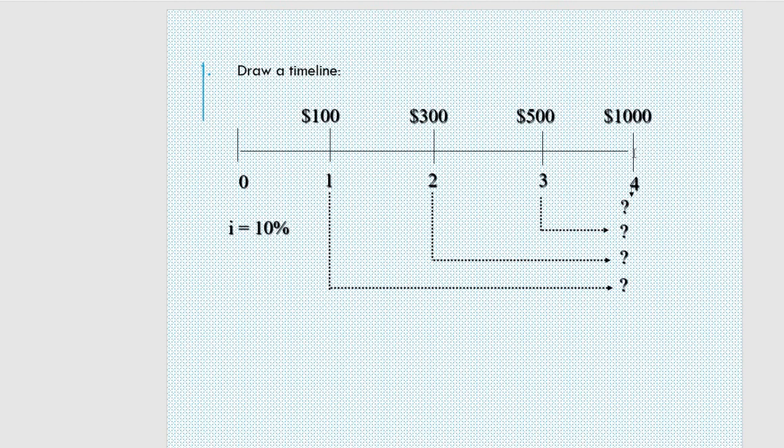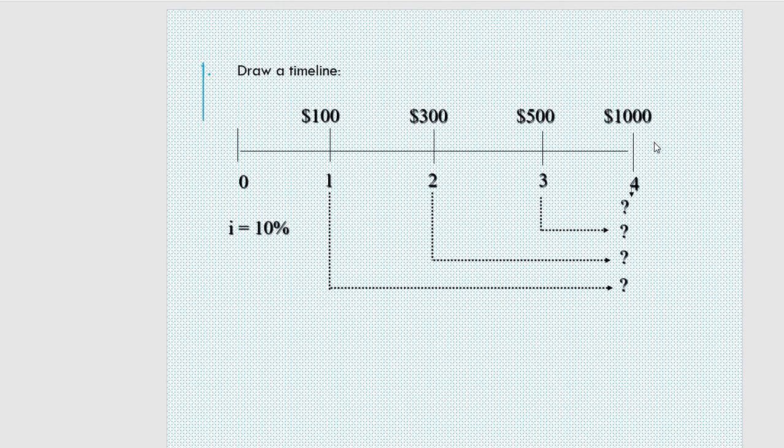But those other ones now, for instance, how much will 500 be in year 4? Let's check. By how many years are we pushing this 500 so that it gets to year 4? We are pushing it 1 period.